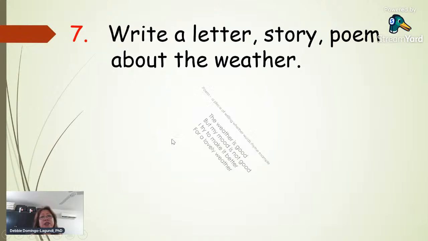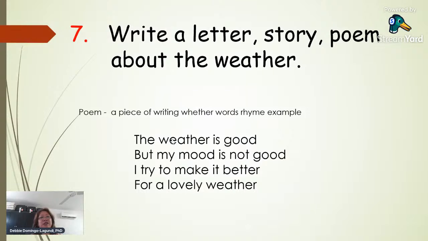A poem is like this one here. I just made it. A poem is a piece of writing, whether, hang on. A piece of writing when the words rhyme. It should be like that. When the words rhyme. Okay? Correction. When the words rhyme. Let me just get my pen.